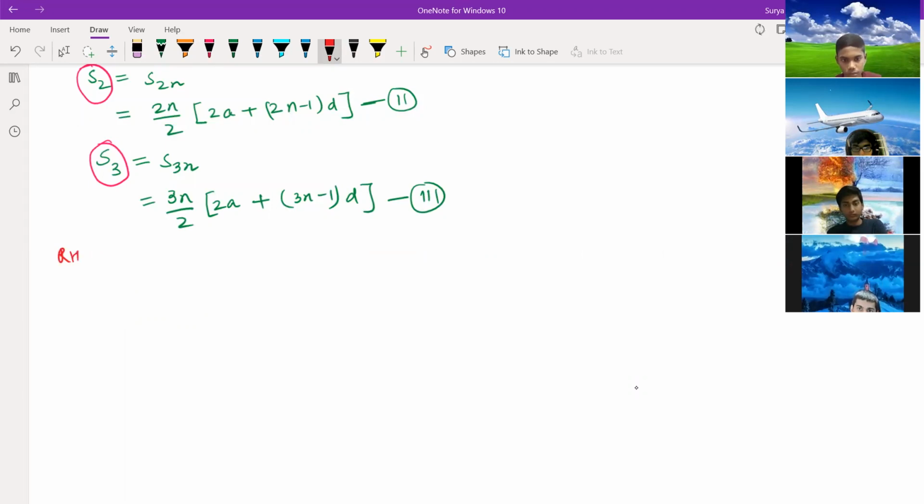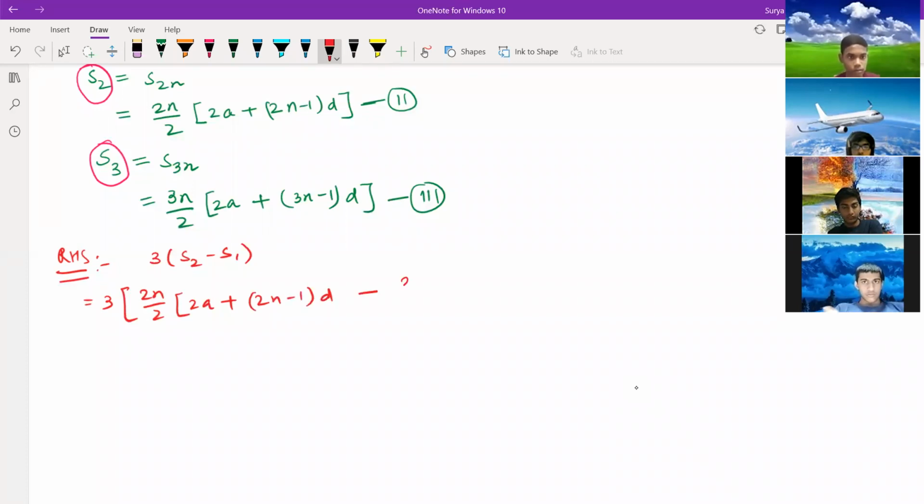So the RHS part, what I'm taking? 3 into S2 minus S1. 3 into S2 is nothing but 2n by 2 into 2a plus 2n minus 1 into d, minus 3n by 2 into 2a plus 3n minus 1 into d.